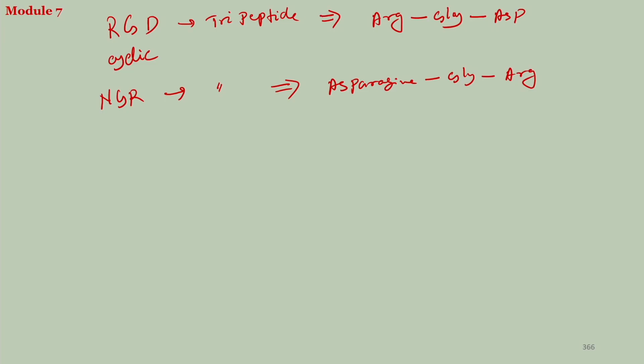So, very close sequences actually. This has arginine, this has arginine, this has glycine, this has glycine, only aspartic acid and asparagine are different. These two peptides are known as tumor homing peptides.